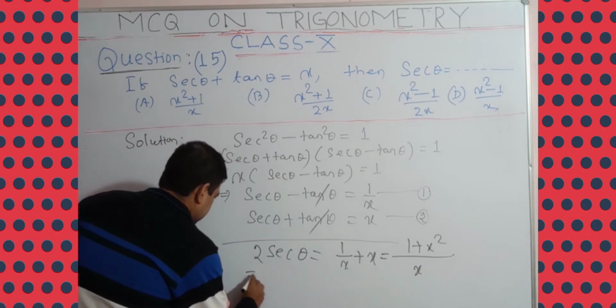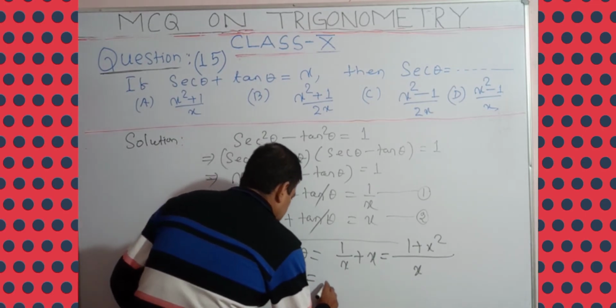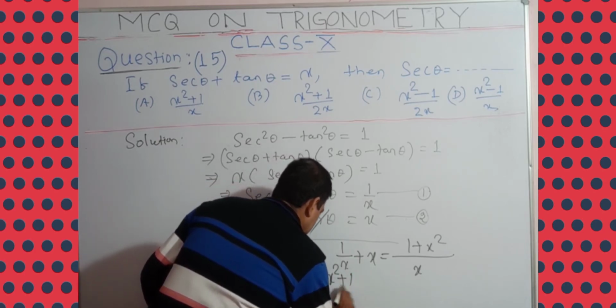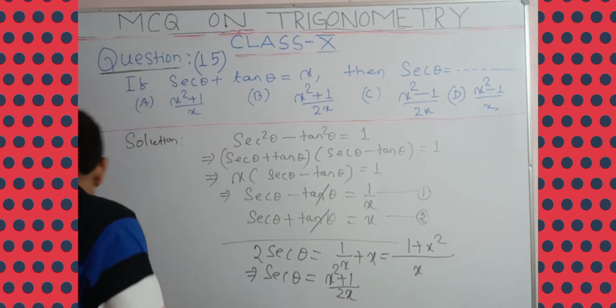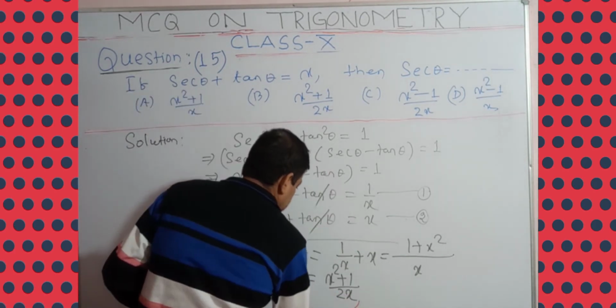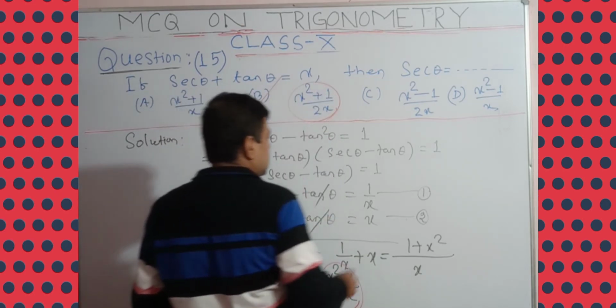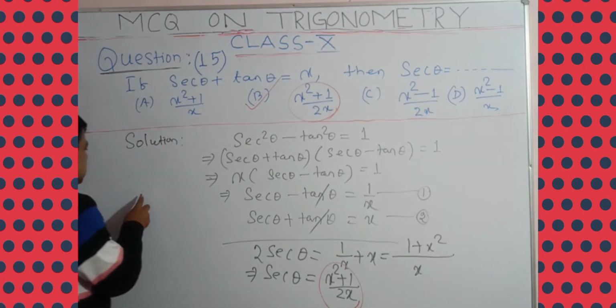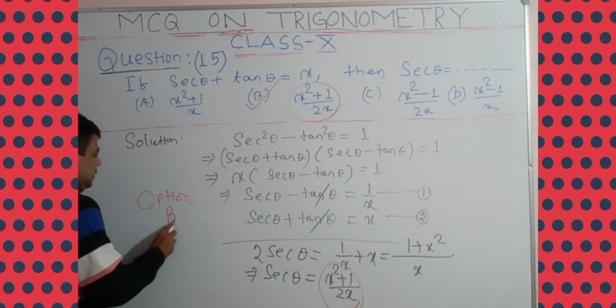So that implies sec theta is equal to x square plus 1 divided by 2x. So x square plus 1 upon 2x, and here B is the correct option. So option B is the correct option. Understand? Is it clear?